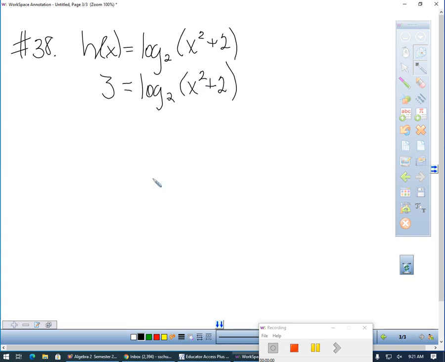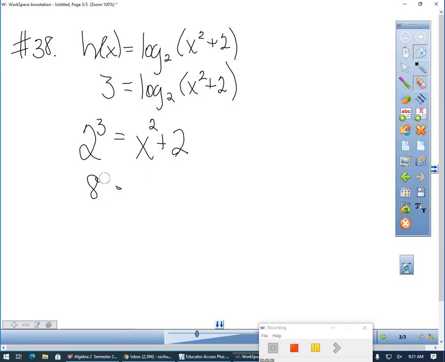So to get rid of the log and to solve for x, we have to change it into exponential. To change it, we take the base of the log as the base to our exponent. Our exponent is the 3 on this side, equals what's behind the log, which is x squared plus 2. 2 to the third power is 8, equals, sorry about that, guys, x squared plus 2.